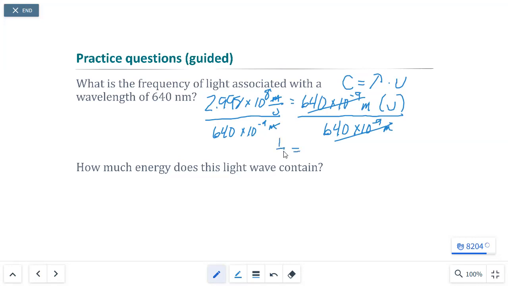I'll be left with reciprocal seconds for my frequency, 2.998 times 10 to the 8th, divided by 640 times 10 to the negative 9th. To 3 significant figures, 4.68 times 10 to the 14th reciprocal seconds.